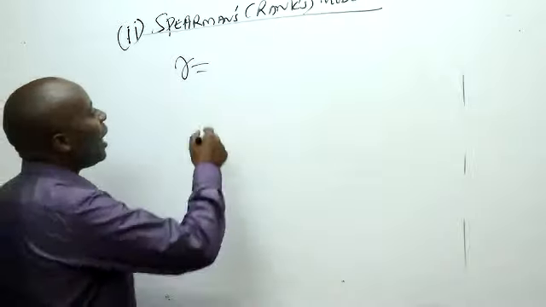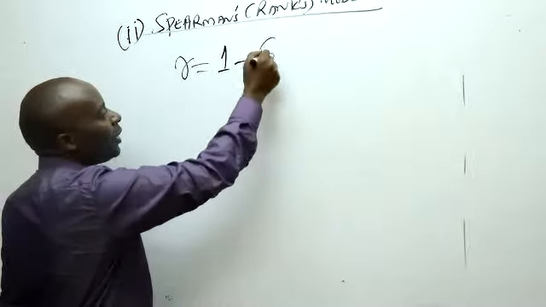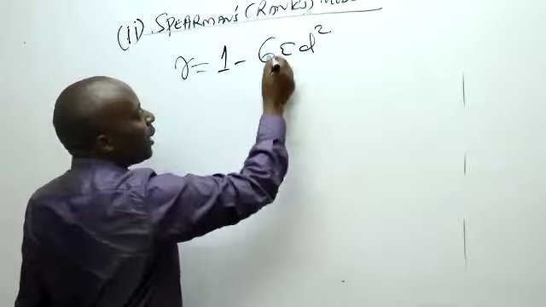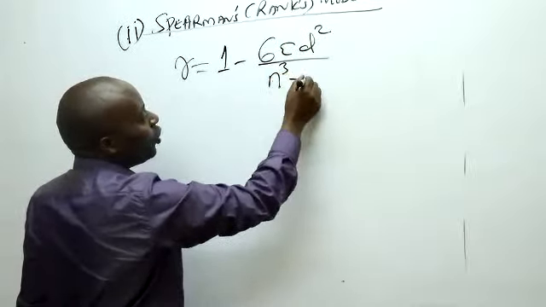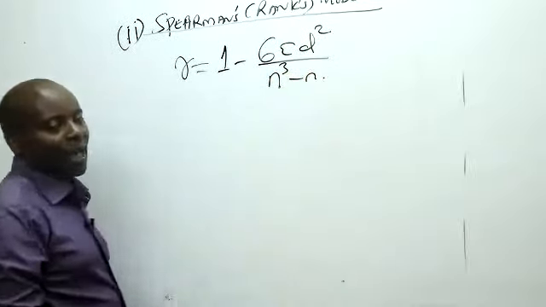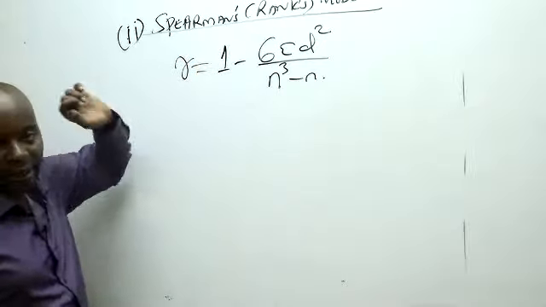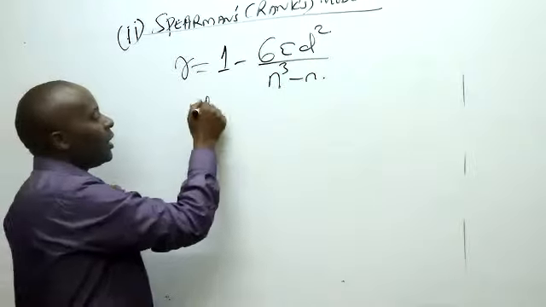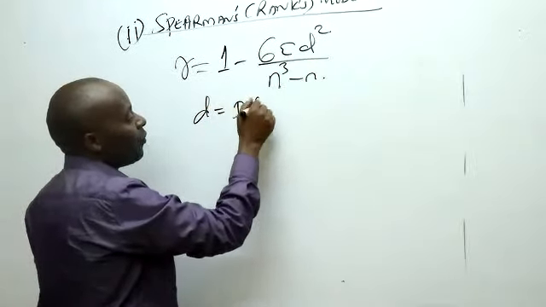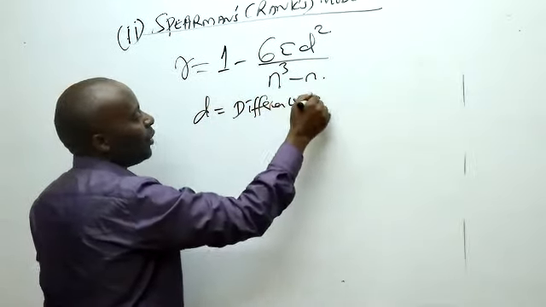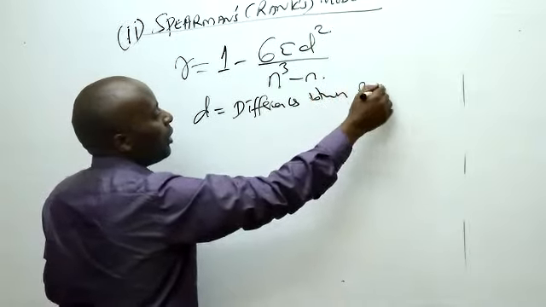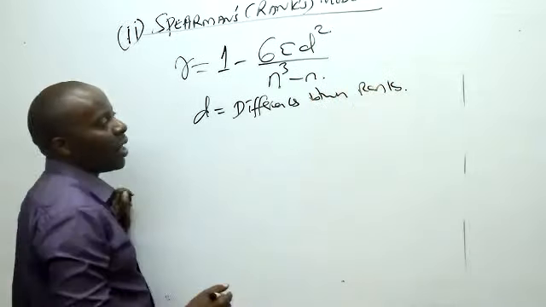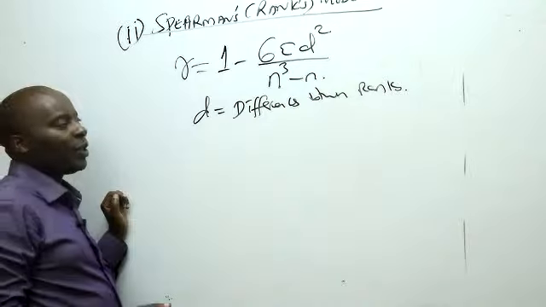So then our R will be 1 minus 6 summations of d squared all over n cubed minus n. And then remember that this one is independent. We have this d representing differences between ranks.